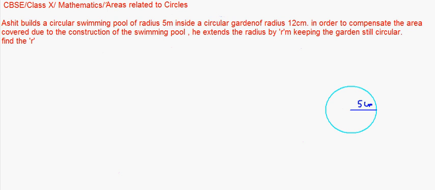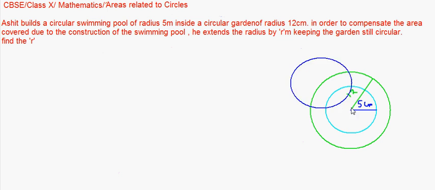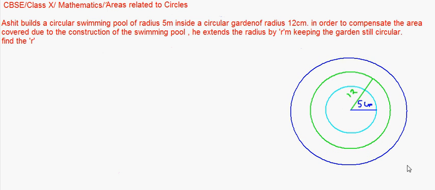The garden is like this, and this is 12 centimeter, but it is extended by r centimeters. So maybe I draw another circle, and this length by which it is increased is r centimeter. We have to find the length of this extension.